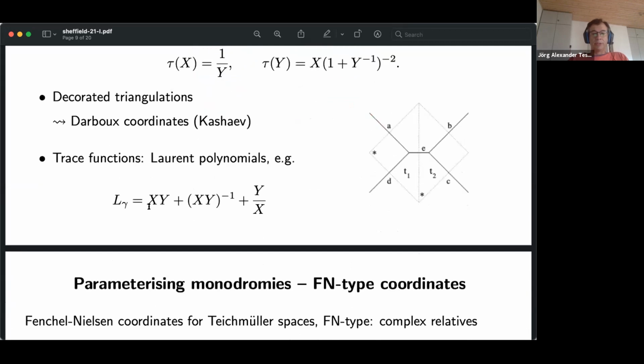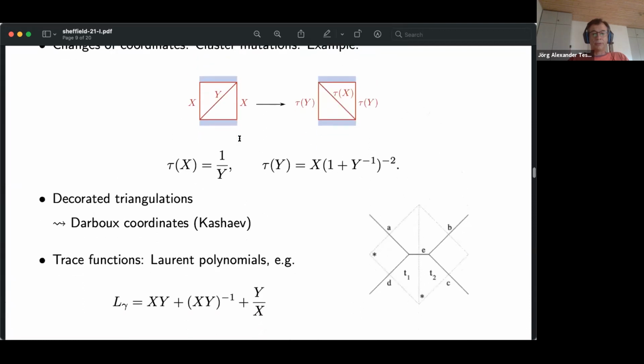And last but not least, there is a recipe called traffic rules to reconstruct the trace function from these Fock-Goncharov coordinates. For example, in a situation like this it would give something simple, but the formulae can be much more complicated.